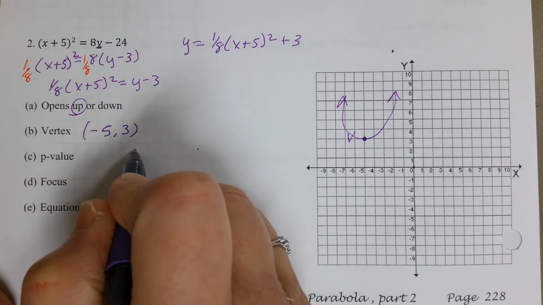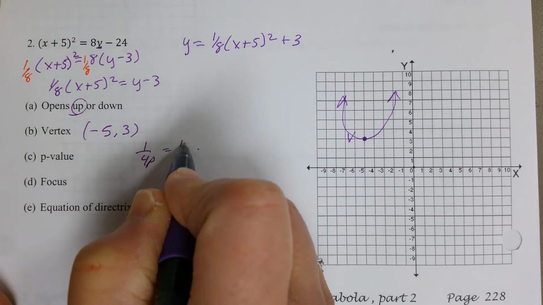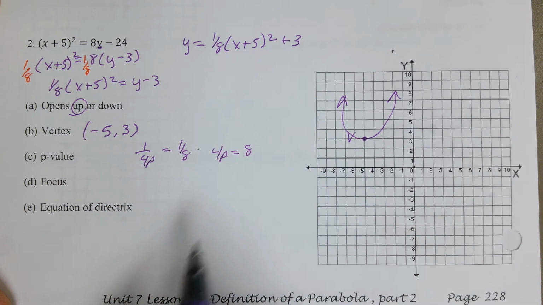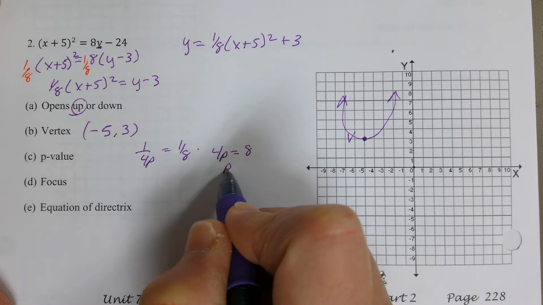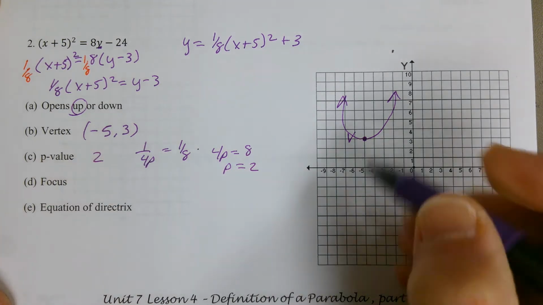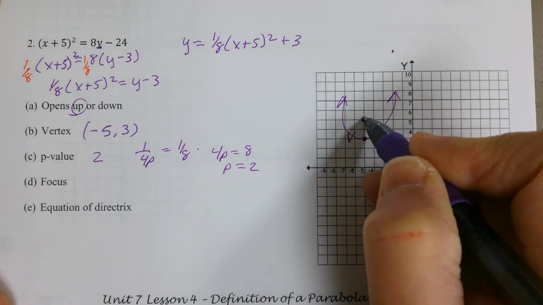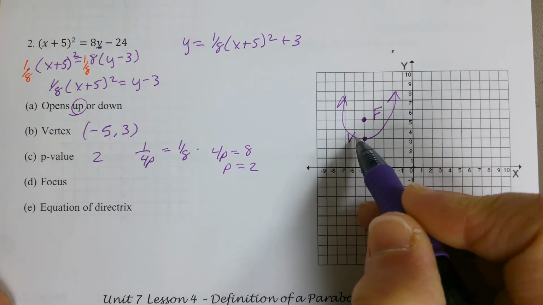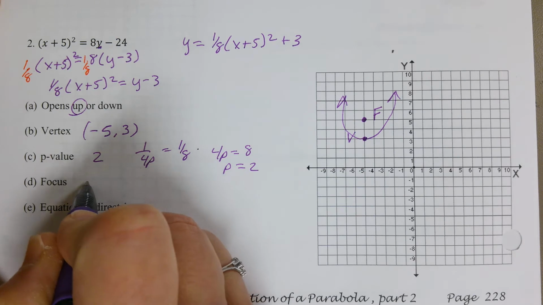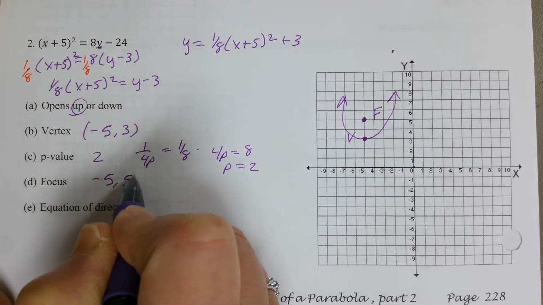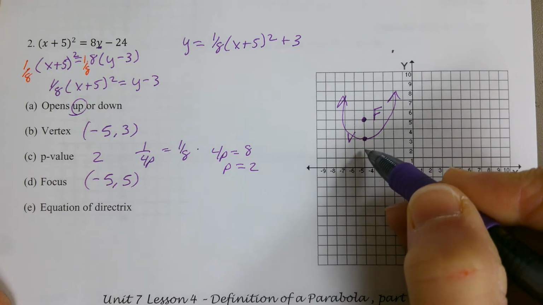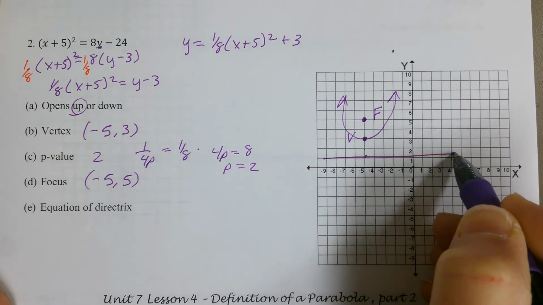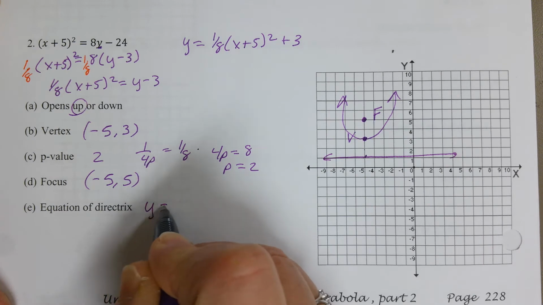The p-value, 1 over 4p is equal to 1/8. 4p equals 8, cross multiplying, so p equals 2. From the vertex, count up 2. Inside the parabola, we have our focus at -5, 5. And count 2 units below our vertex. Draw a horizontal line, y equals 1.